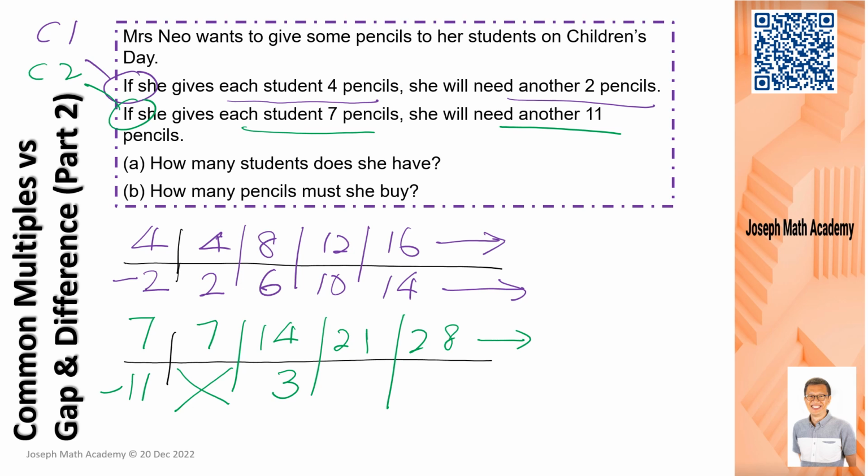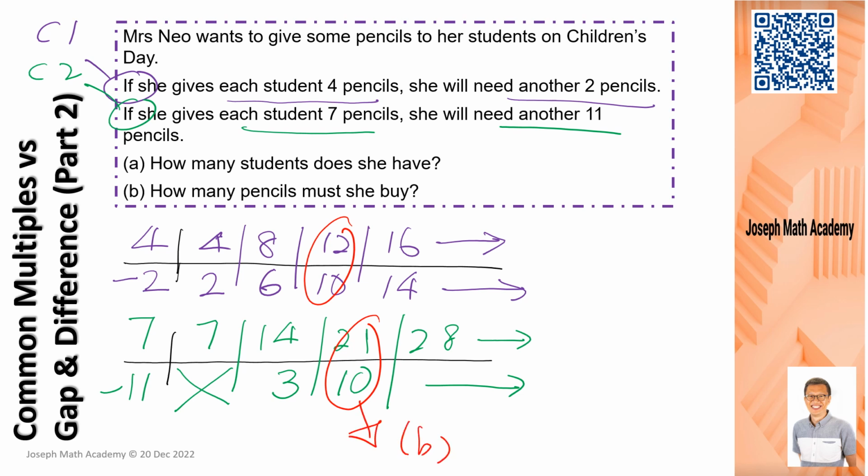Now, if she has 3 students, that means the 3 students should get 21 pencils, but she needs another 11. That means on hand, she has only 10. And we have a match. 10 pencils. Okay, so we have already answered question B.